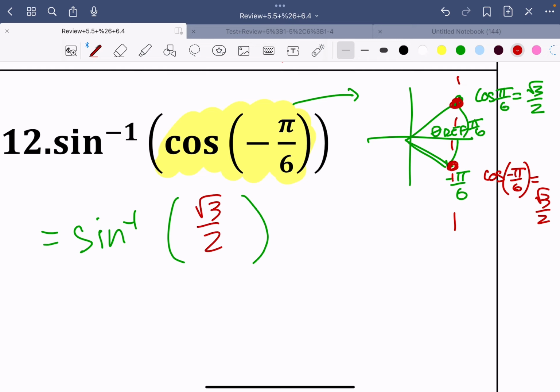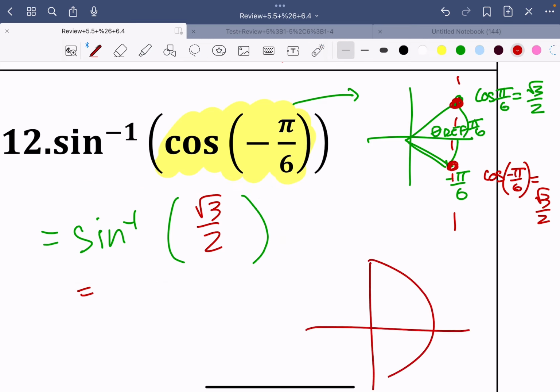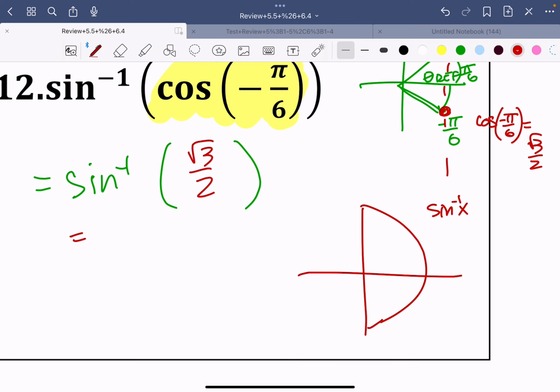So what you're going to get out is now a new problem. So I come over here and I have sine inverse, and down here with a y. So y is equal to square root of 3 over 2.